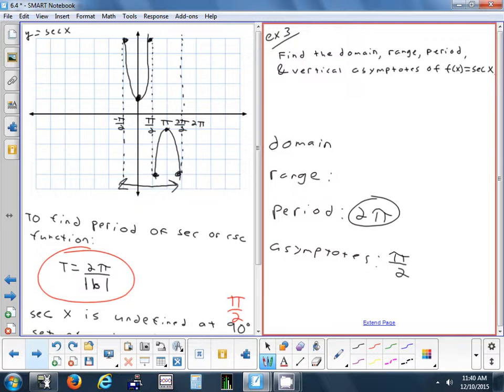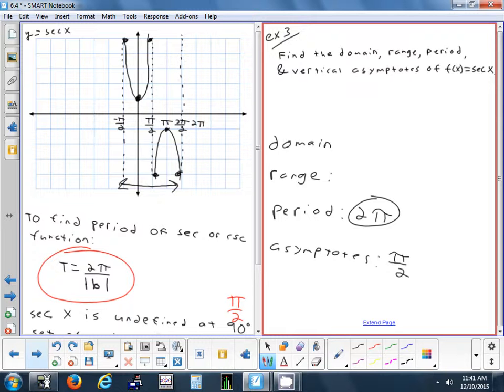And the next asymptote is at 3 pi over 2, which is how far away? Pi. The next asymptote would be how far away from that one? Pi. And then the next one after that would be another pi units away. So we get an asymptote from pi over 2 every pi radians.